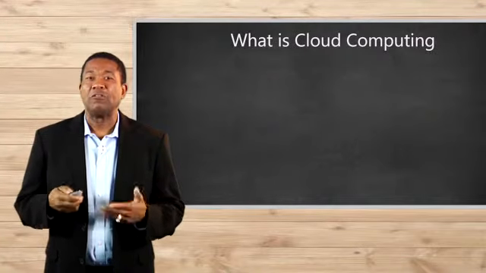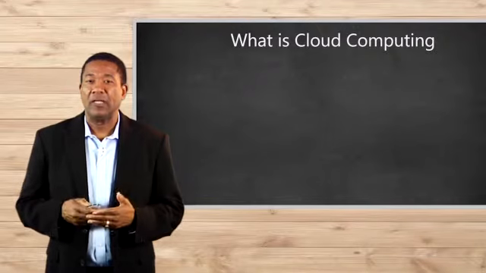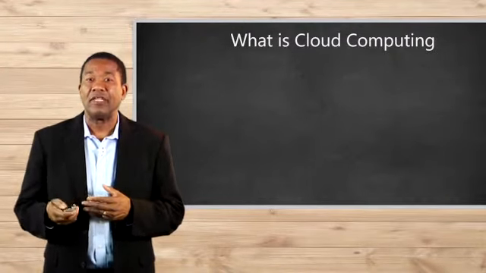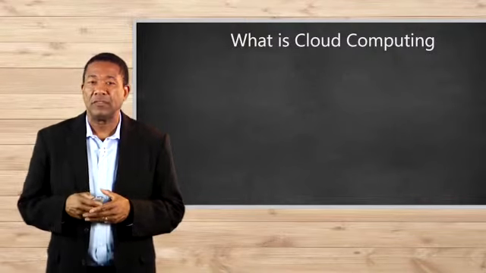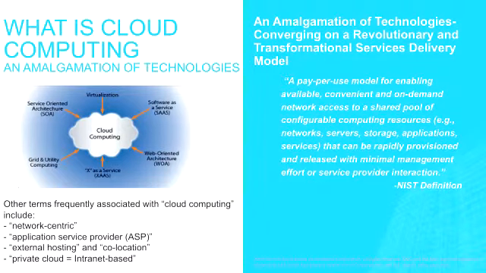Cloud computing is really an amalgamation of different technologies that have come together to revolutionize the delivery of information-based services. Other terms that are associated with cloud computing include network-centric, application service provider, co-location, and internet-based services.